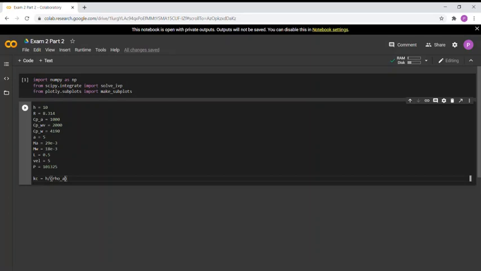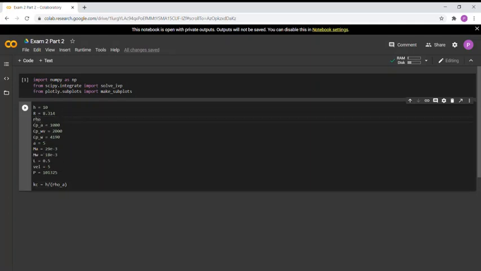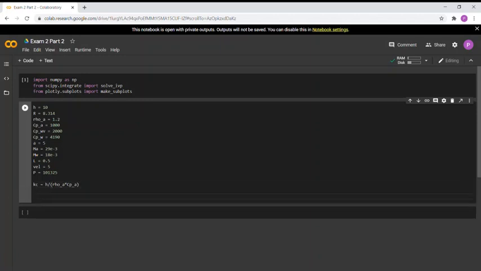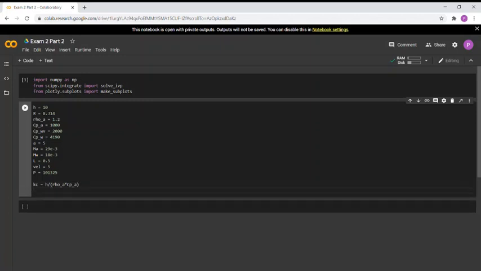I don't have rho A up here, so let's see. Rho A equals 1.2. H over rho A times CPA. Okay, then we will calculate the temperature of air exit.